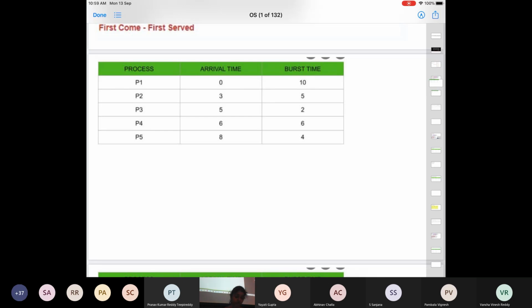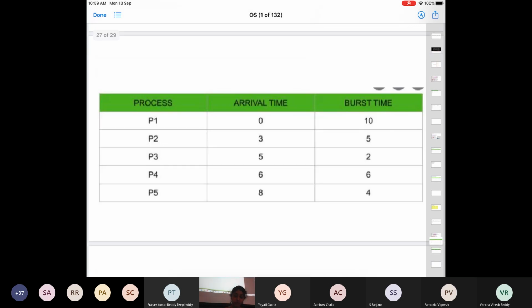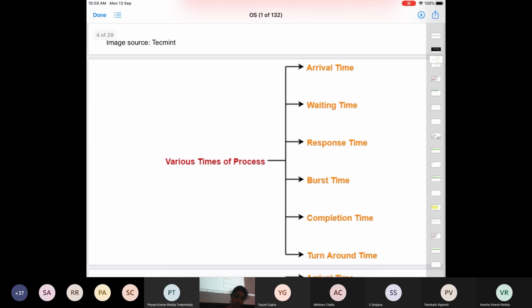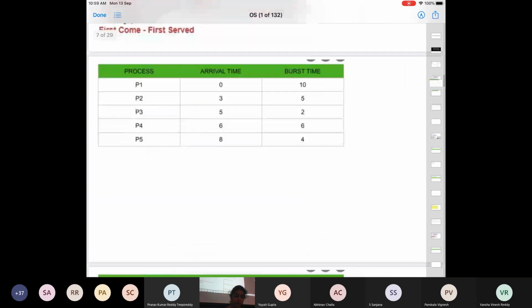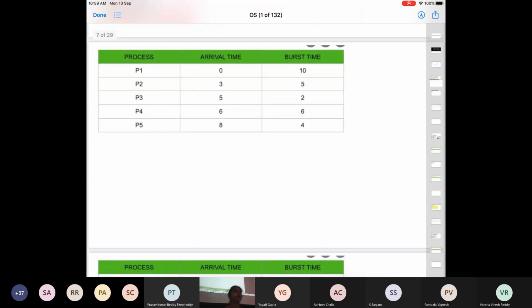It says P1 comes at time 0, P2 comes at time 3. So I'm actually going time by time. When it is time 0, the CPU has no idea that at time 3 P2 is going to come. Right? CPU has no idea. This is how it is happening along a timeline, but your scheduler doesn't know of all these things. So we are just trying to build a case here and see, if this is the case, then what FCFS will do.